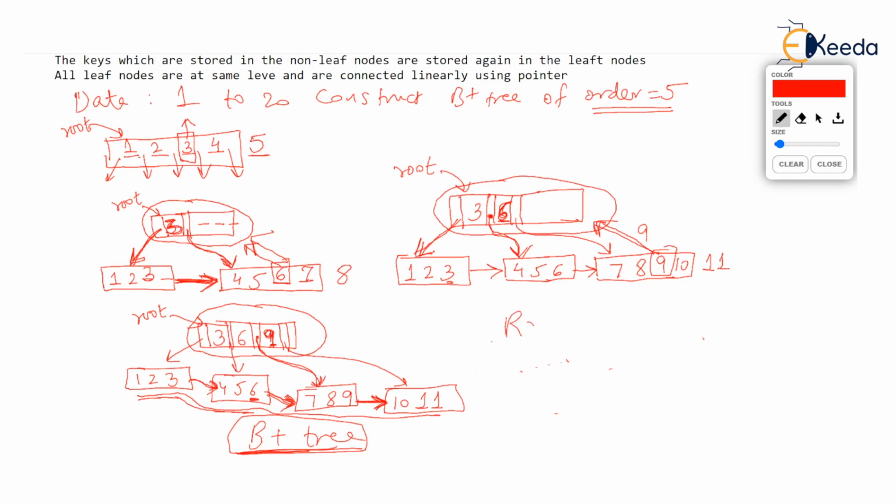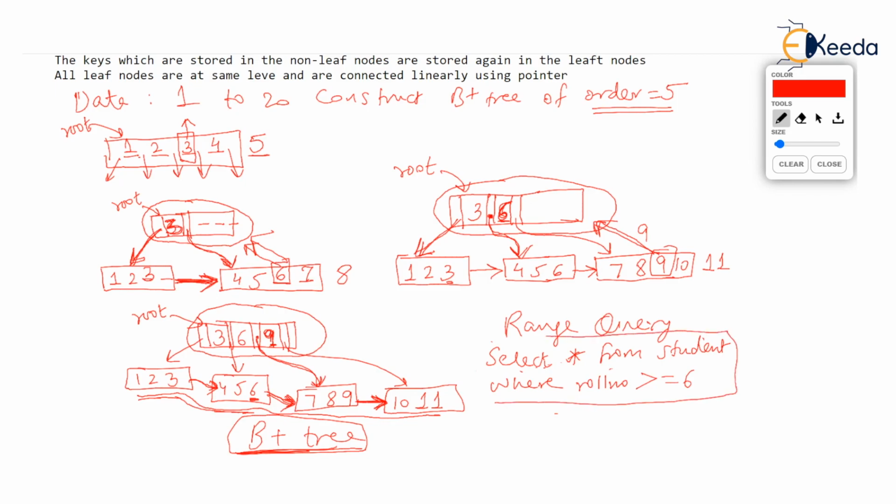What I mean by range query is that you often write a select statement like this: select star from student, let's say student is one of the tables, where roll number is greater than or equal to 6. What you mean is you want to know which are the students who have roll number 6 or larger.